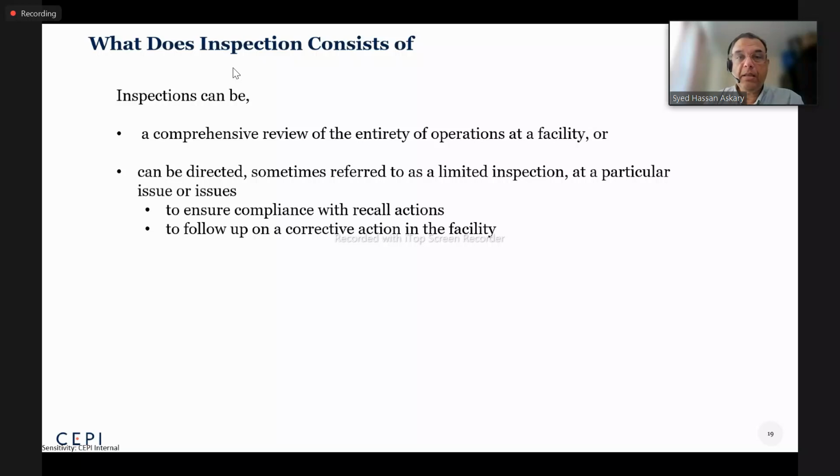Inspection can be either an entire inspection of the operation facility, or it can be specific, to ensure compliance or to follow up on a corrective action. Depends on what the agency wants to inspect, right?